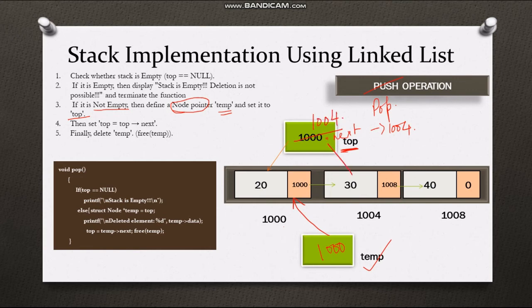That simply means that we are pointing the top to the next element of the previous one, that is 30. And finally we would be freeing the temporary variable, and the node that is associated with the temporary will also be deleted. So we can see that here the node gets deleted from the front.